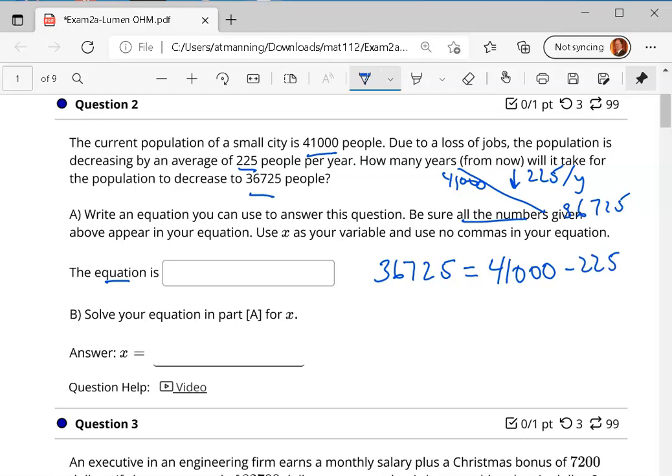So at the 0 year, this is 0. At 1 year, it's 225 less. Another year, 225 times however many years pass. Okay, so there's our equation. 36,725 equals 41,000 minus 225. Well, now to solve it, you can use a calculator, but let's write it down here. We got a negative sign here, so let's add 225y to both sides.